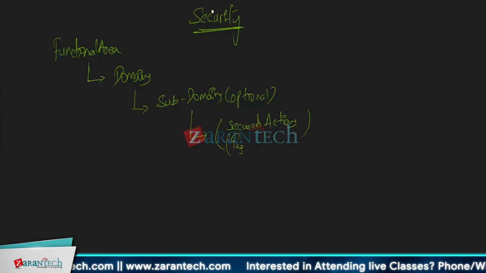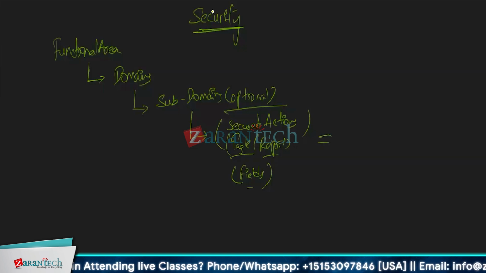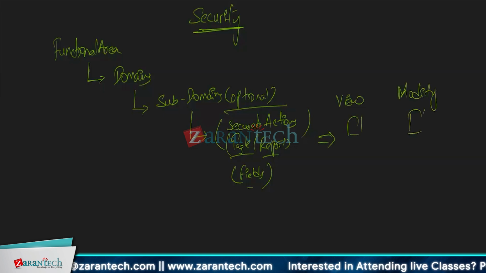In secured actions, you'll see task, reports, and fields. This domain or subdomain will provide access to secured actions like task, report, and field. And here you will define if it's a view access or modify access.